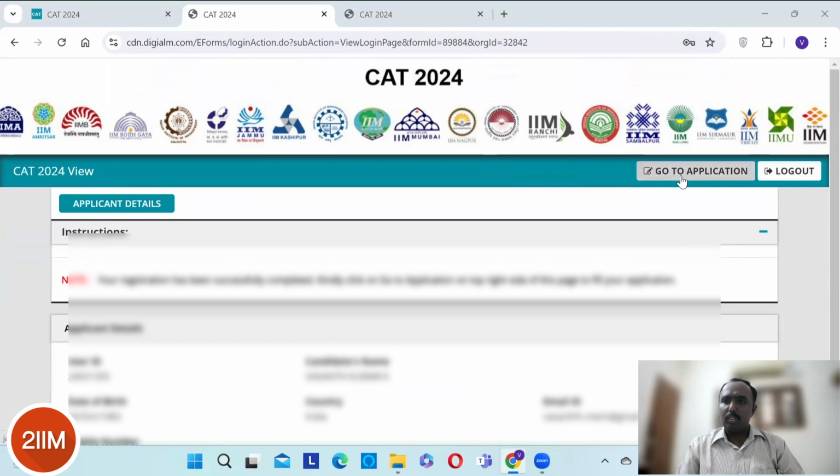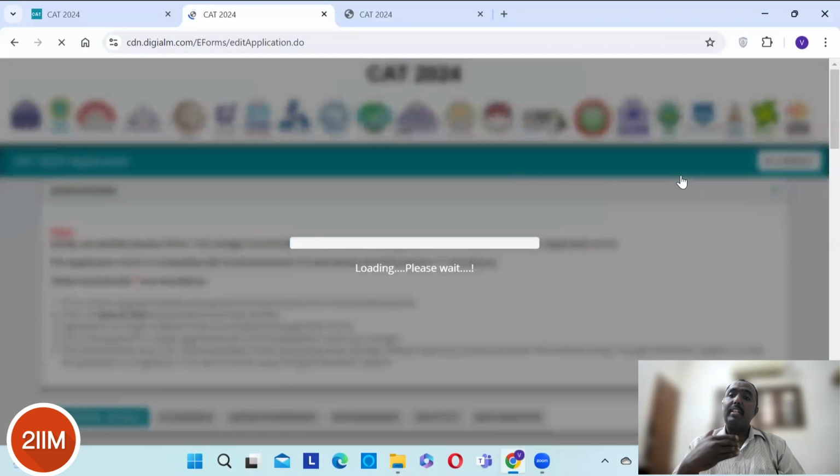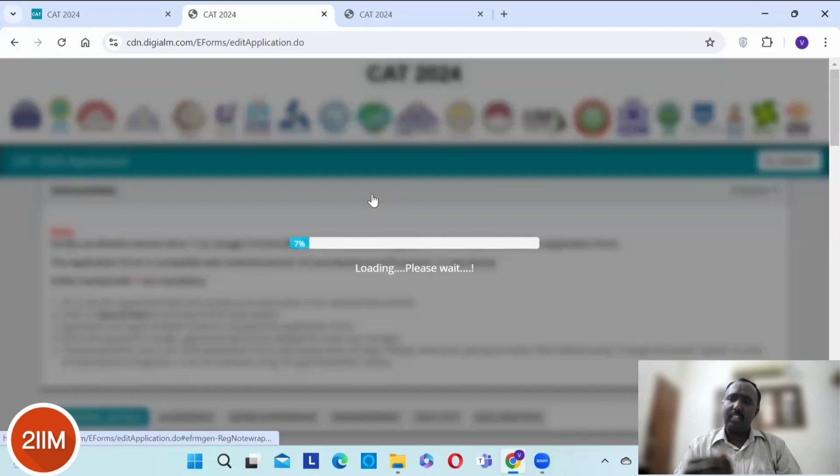Now what I have to do is go to the application. This is where we need to start filling in every detail. It will take some time, because a lot of data has to be entered over there.